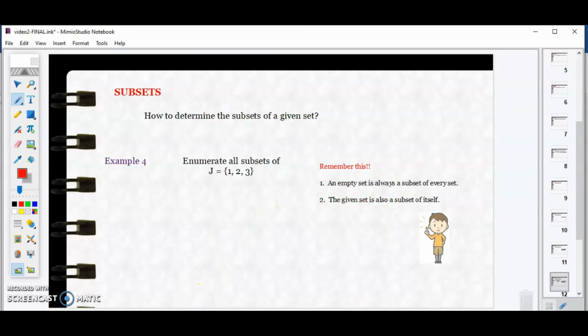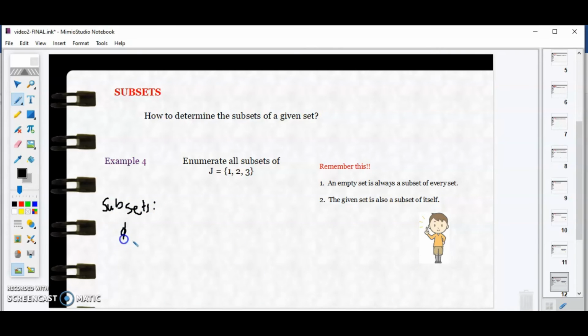So, let's have it. Example 4. Enumerate all the subsets of J containing 1, 2, and 3. So, we are going to list down the subsets. Sabi nga natin, dapat ang una ay empty set.